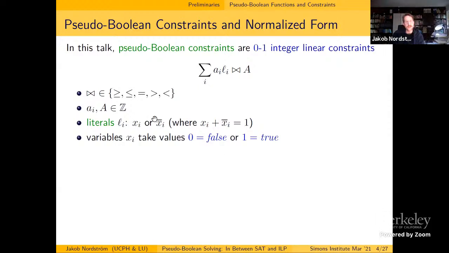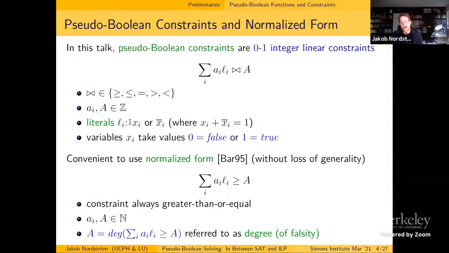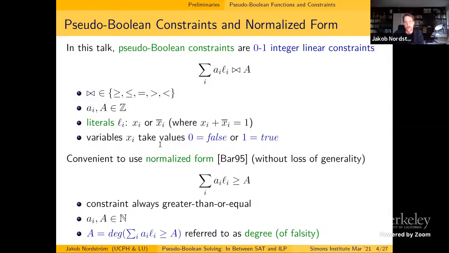In general, in a pseudo-Boolean constraint, you could have any way of comparing them, but we will focus on, it won't be too important for the talk, but it's nice when you describe how you reason with pseudo-Boolean constraints and when you implement algorithms to use what's called normalized form, where all of these coefficients and the constant term are non-negative integers.